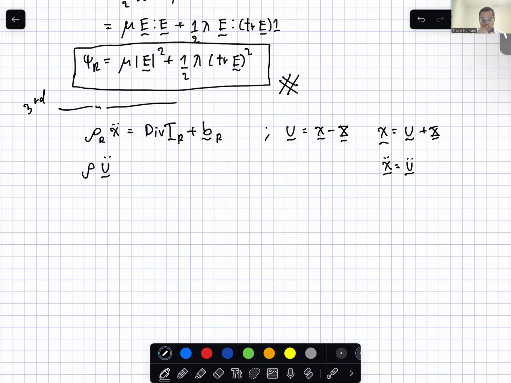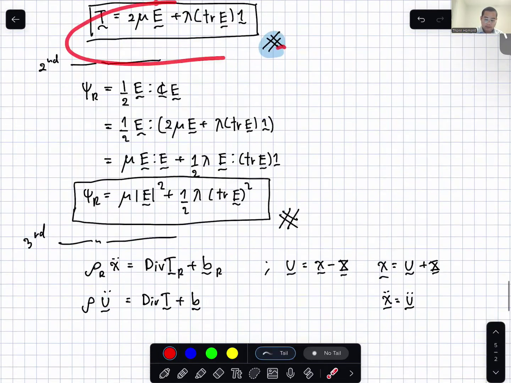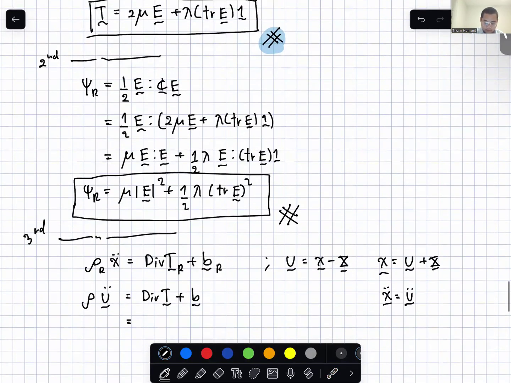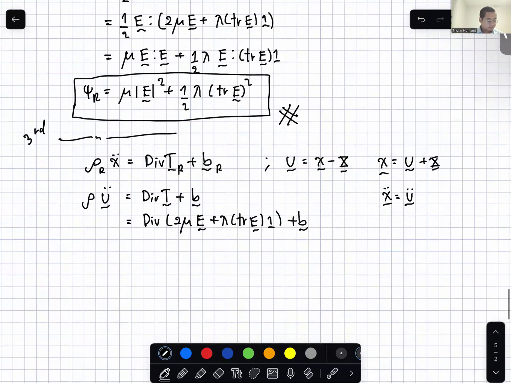Okay, and this is equal to the divergence of T plus the body force. We can substitute T from the first governing equation, writing it as the divergence of 2 mu E plus lambda times the trace of E times the identity matrix, plus the body forces.